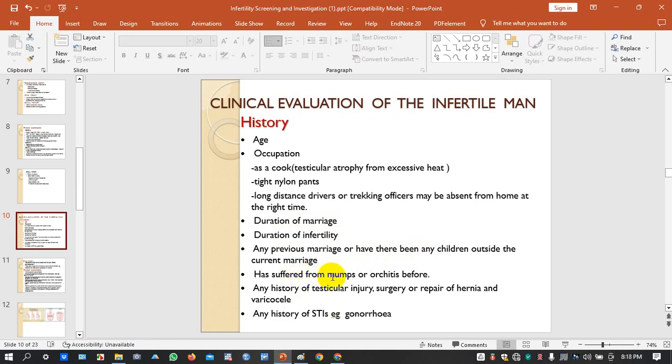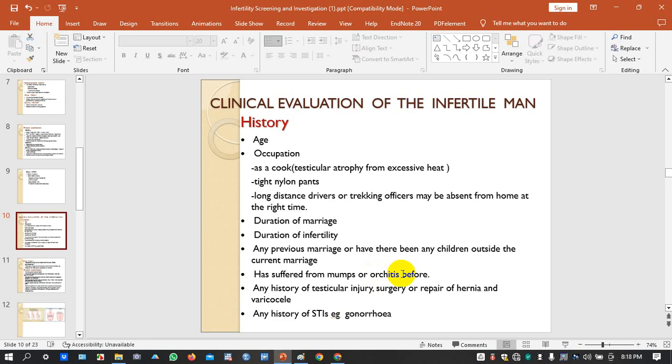Has the man suffered in the past from mumps? Mumps is a viral infection. Most of the time, it is one of the 6 childhood killer diseases, and the vaccine they use vaccinates against mumps. Because if somebody gets mumps, there is a high likelihood of causing the person to be infertile or have low sperm counts.